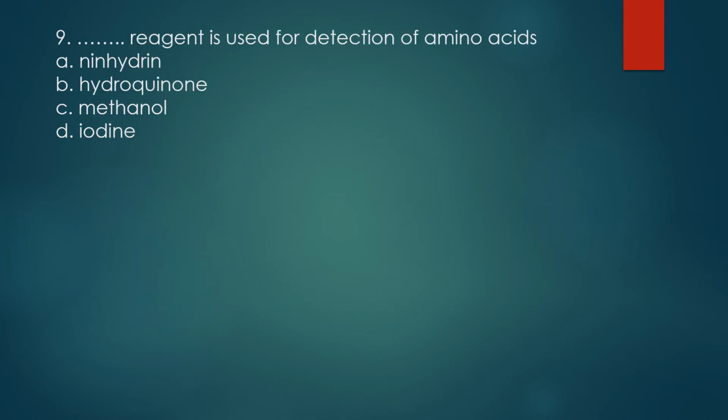MCQ number 10. Dash reagent is used for detection of amino acids. Option A, ninhydrin, option B, hydroquinone, option C, methanol, option D, iodine. And our correct answer is option A, that is ninhydrin.